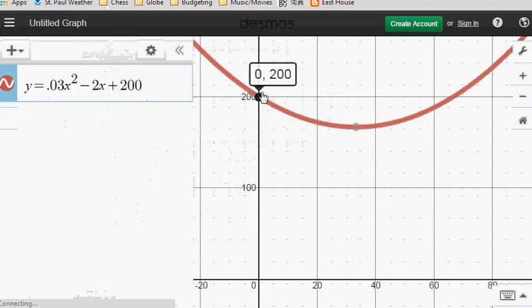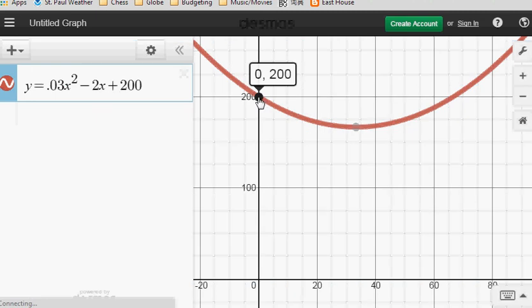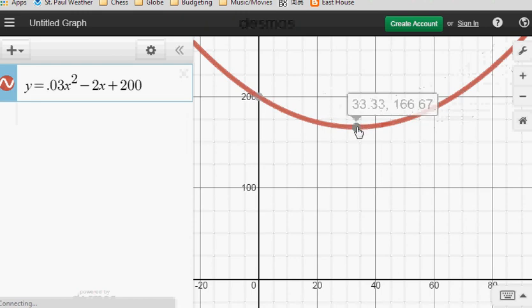Like it starts off at a fixed overhead rate of 200 to make 0. But then, because you're selling more and more, it actually might be more efficient and easier to sell items in bulk. But then there are a lot of times when if you start to make too many, it actually costs more to make that much. So there's a sweet spot in there, and it's being highlighted right now.